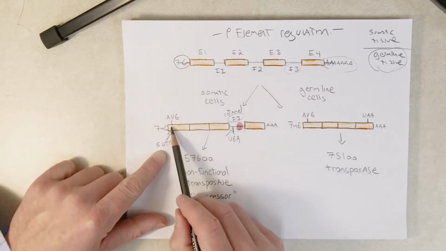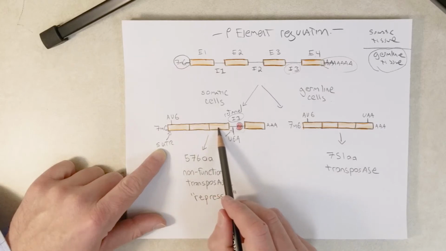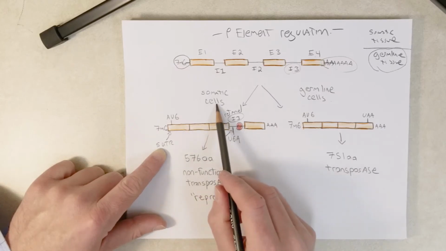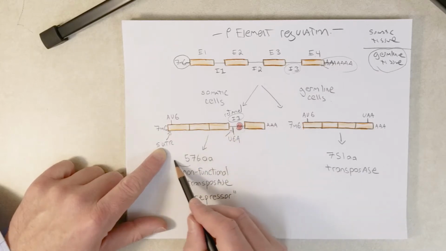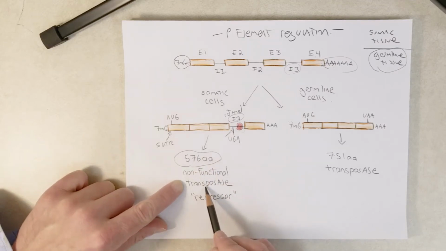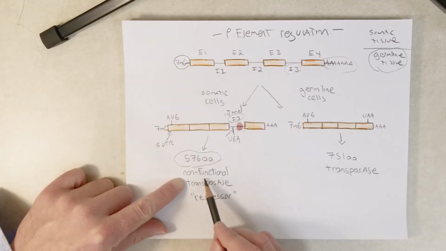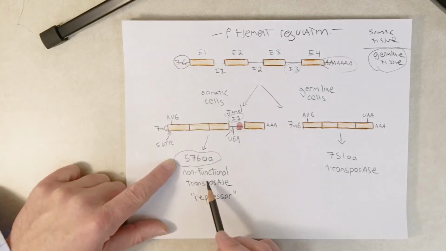So when a ribosome translates the P element messenger RNA in a somatic cell, because that intron is there, we get a 576 amino acid non-functional transposase. So it's too short. It's missing some key amino acids needed to function as a transposase.